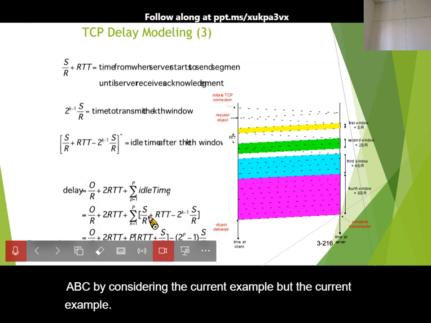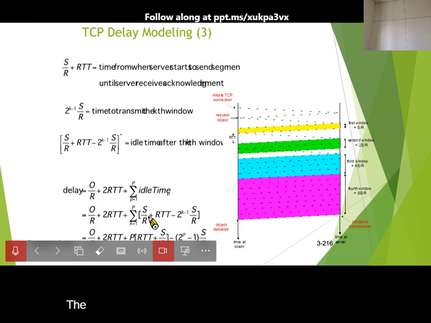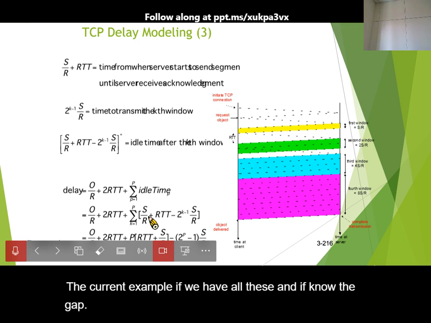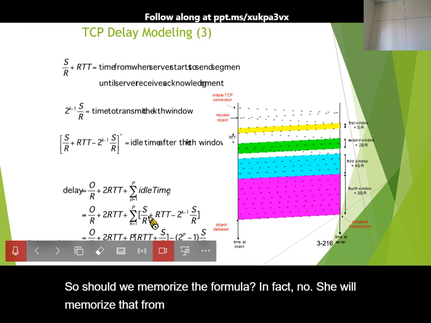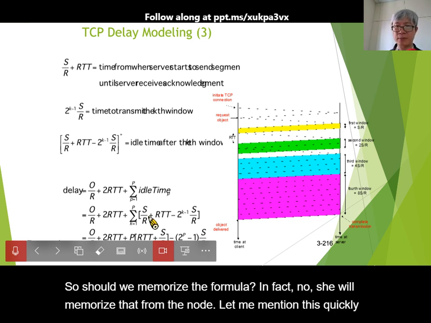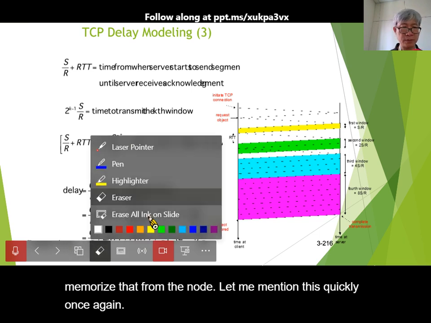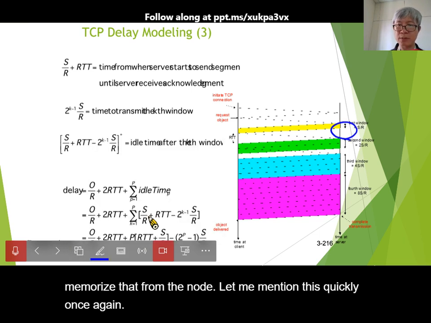If we have all these, and if we know the gap, should we memorize the formula? In fact, no. Should we memorize the formula? No. Let me mention this quickly. What is a gap? What is the first gap?